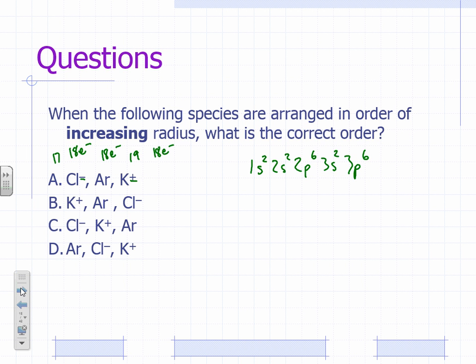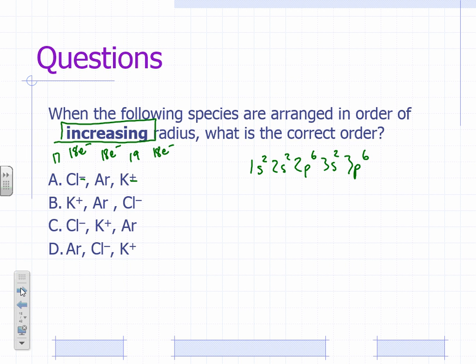So they all have 18 electrons. They are isoelectronic. So what we should be looking at, as we saw in the previous slide, is the nuclear charge. Okay, and if we're going to arrange them in order of increasing radius, we have to start off with the element that has the highest nuclear charge, because that will draw in the electrons much more closely, moving to the element that has the lowest nuclear charge.